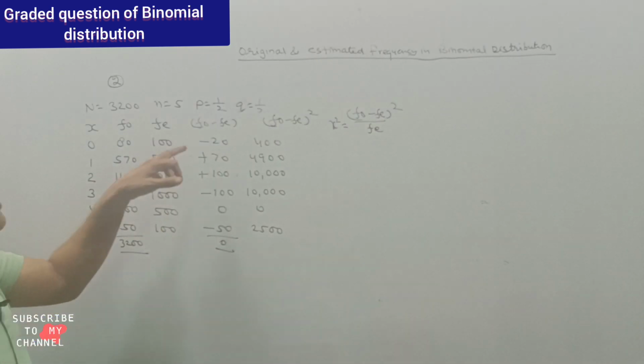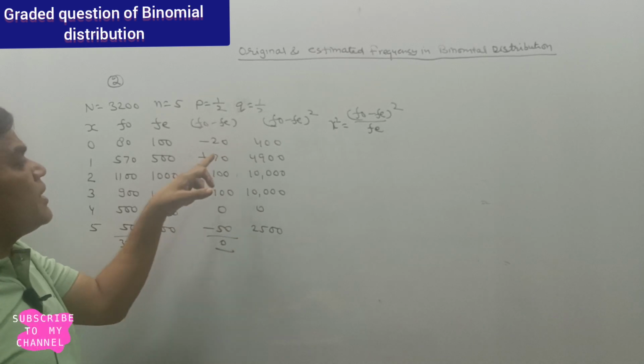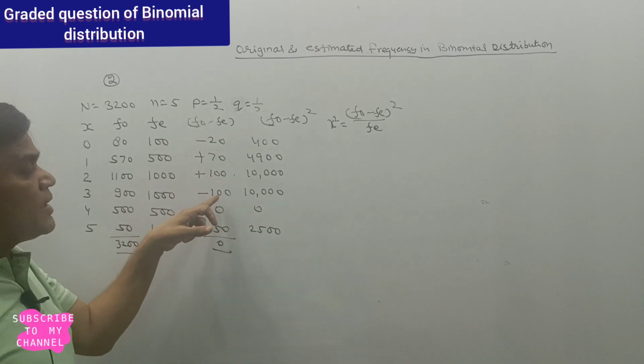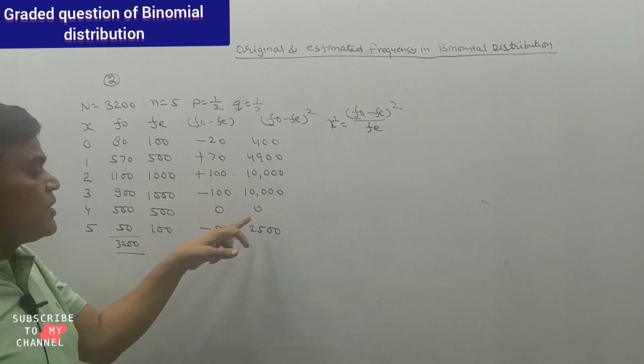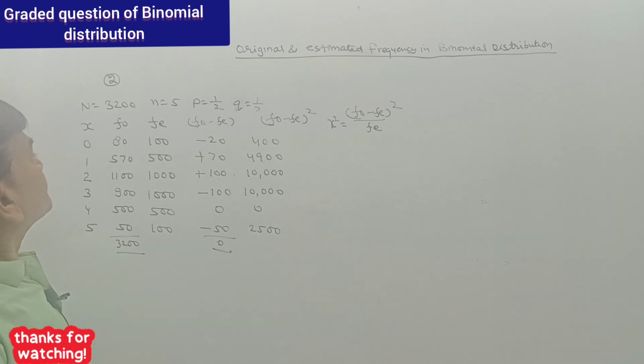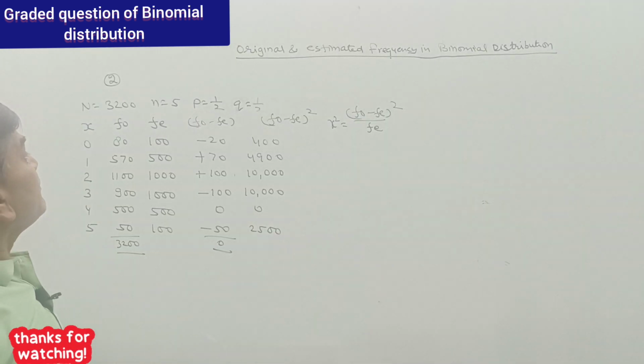What we have done? Square of 20 is 400, 70 square is 4900, 100 square is 10,000, 100 square is 10,000, 0 square is 0, and 50 square is 2500. Now come to the point. 400 divided by 80.